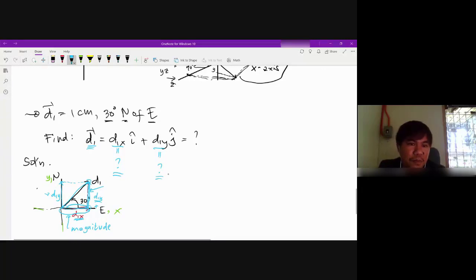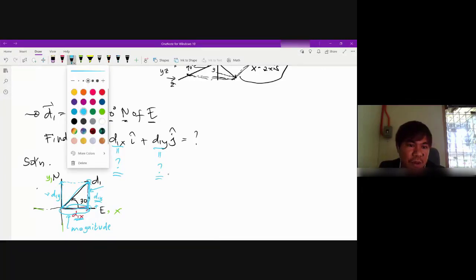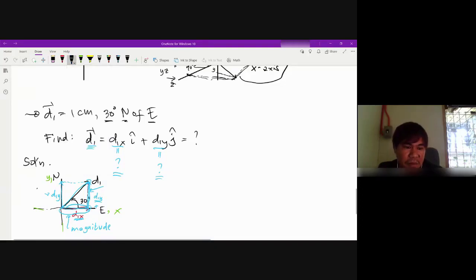I will emphasize, we will not use a ruler or protractor here. Draw it again: this is the triangle, and this is vector D1, whose magnitude is 1 cm. This angle is 30 degrees.